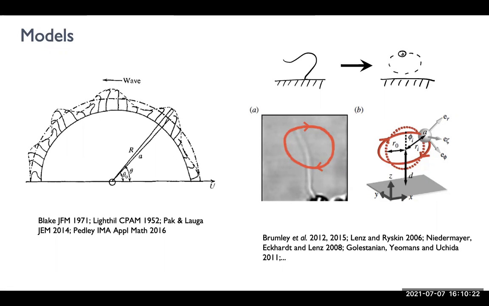In its most primitive form, this model would entail having this bead move along a circular path with some force that, in isolation, would allow it to move at a constant angular velocity around the circle.